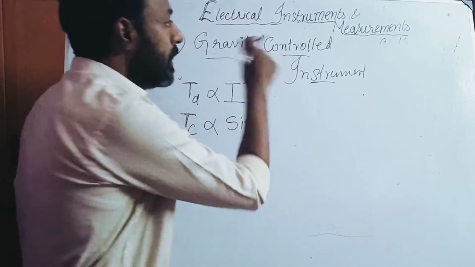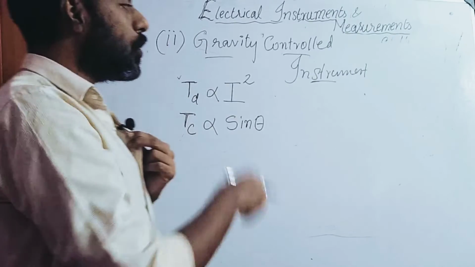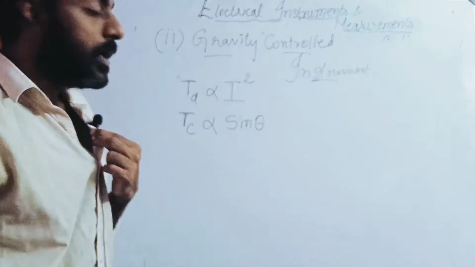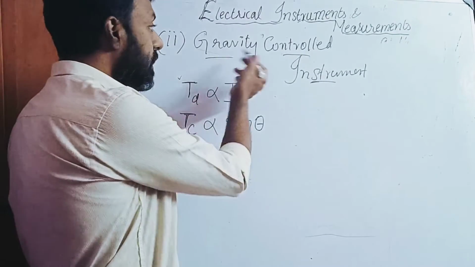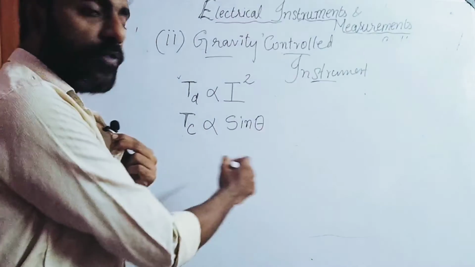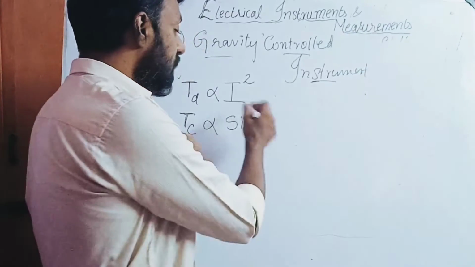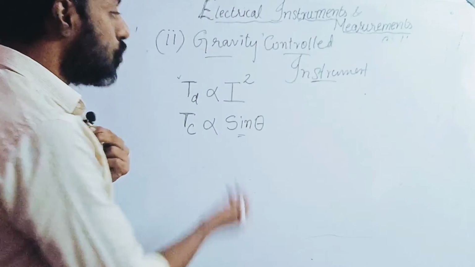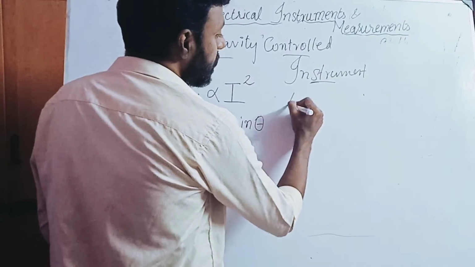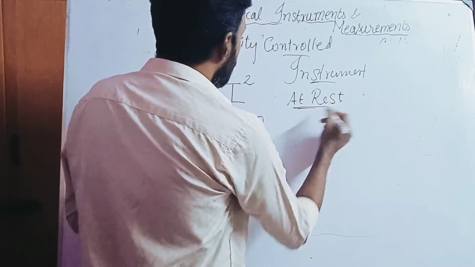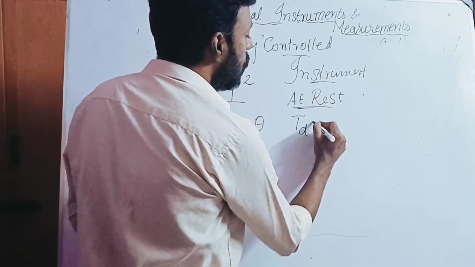So in the previous case, that is in the spring controlled instrument, we saw this controlling torque is directly proportional to theta. Here in the gravity controlled instrument, it is directly proportional to sine theta, that is sine of the deflection. So TC is directly proportional to sine theta. So again, when the pointer is at rest, we have TD equal to TC.